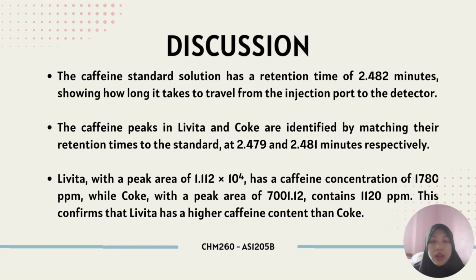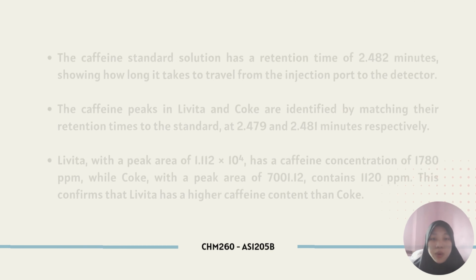Levita, with a peak area of 1.112 times 10 to the power of 4, contains a caffeine concentration of 1780 ppm, while Coke, with a peak area of 7001.12, has a concentration of 1120 ppm. These results clearly reveal that Levita has a significantly higher caffeine content than Coke.